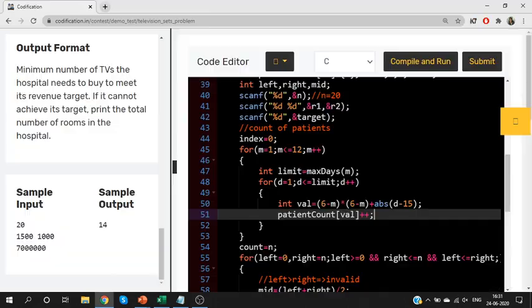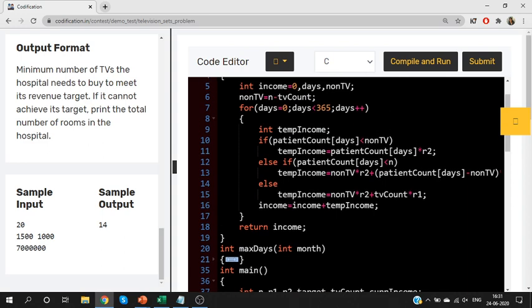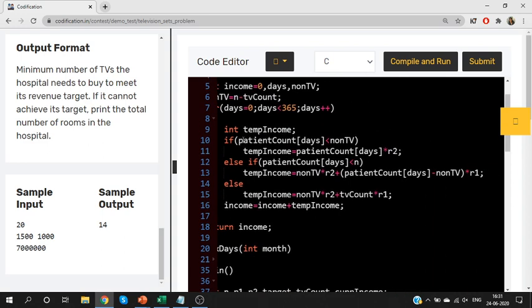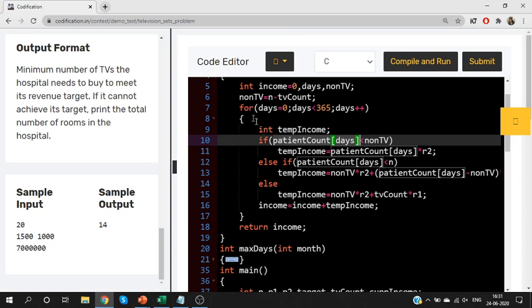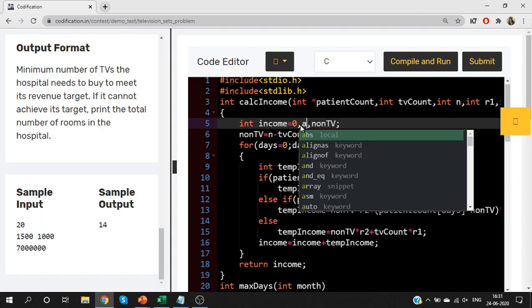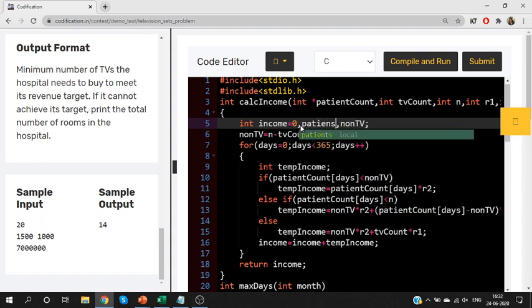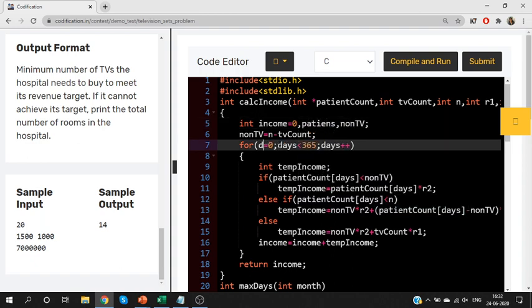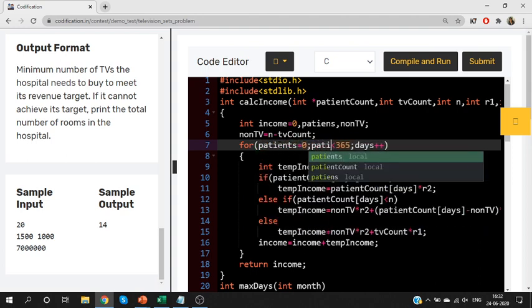Okay. So here, when you calculate, here we need the patients. How many patients do I have? If I have patients less than non-TB, if I have patients less than 20, less than 30. So what you have to do here is, I'm just going to change the array values, guys. So how many patients can you have? You can have 0 patients to 52 patients.